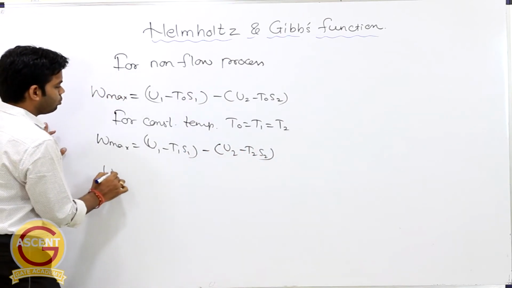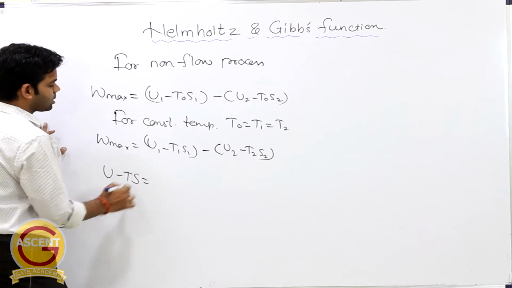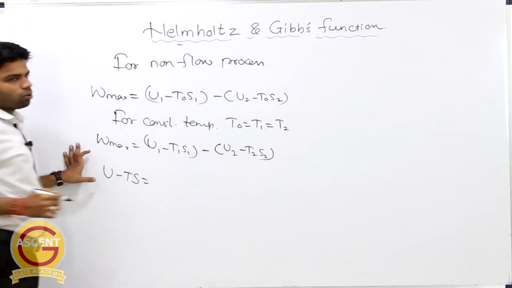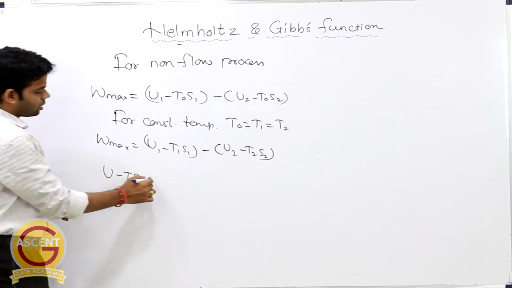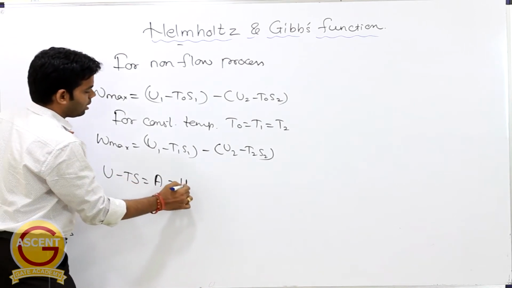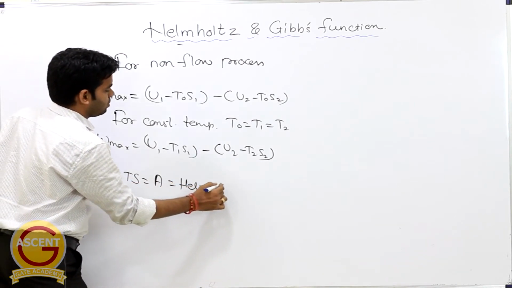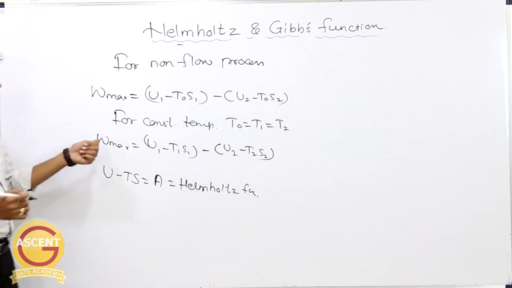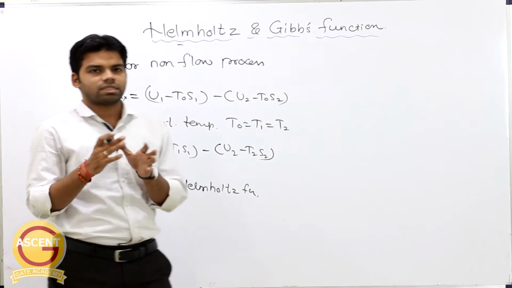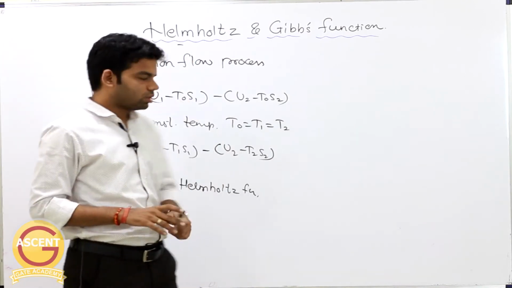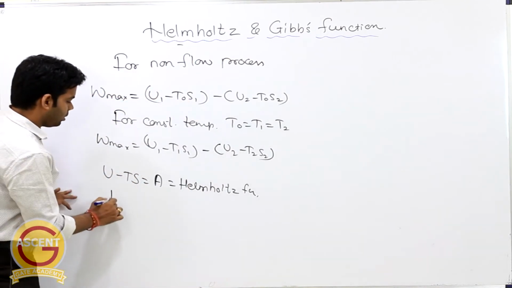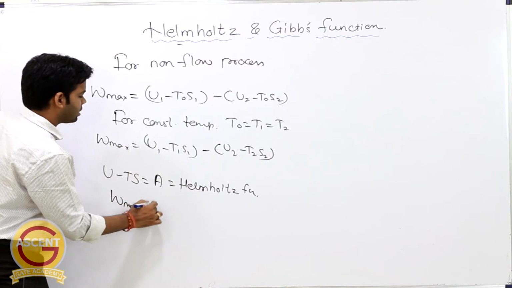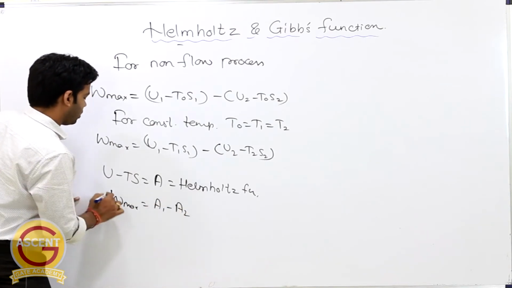Okay, so this U minus T into S is another function which is nothing but the Helmholtz function, and this is denoted by A. So the maximum work in a closed system, if it is changing its state from state 1 to state 2, is nothing but the change in Helmholtz function.